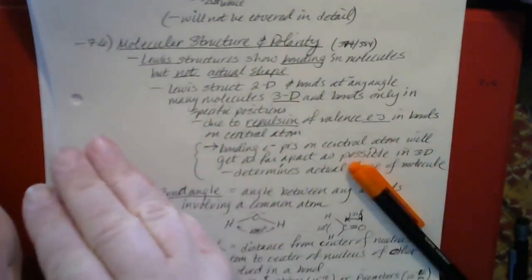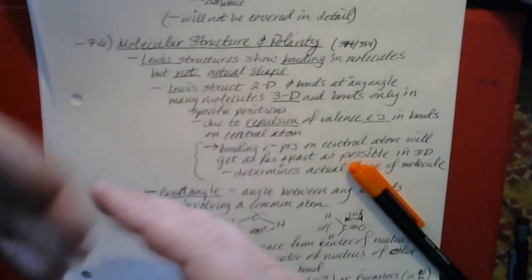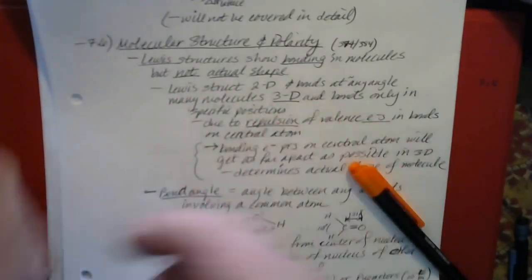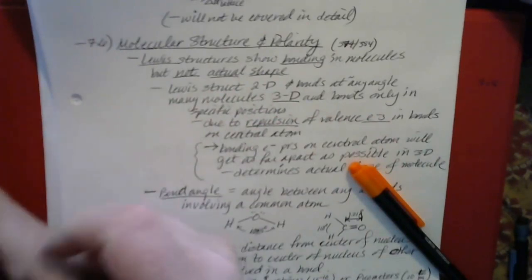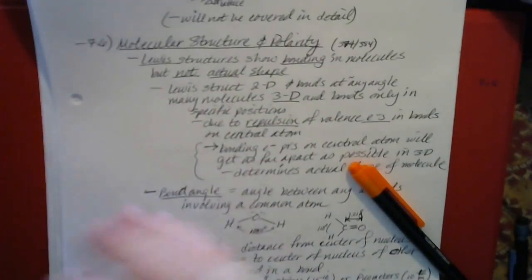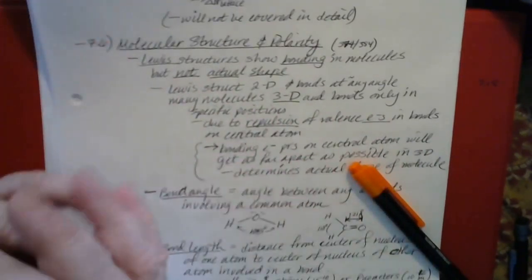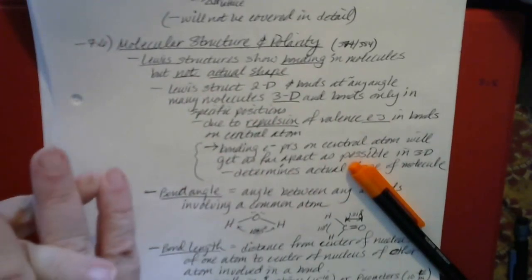When you put the atoms together to form a molecule, the Lewis structure only shows you how one thing is bonded to other things in the molecule. The Lewis structure doesn't actually show you the structure of the molecule. It doesn't actually show you the shape of the molecule, or the molecular geometry is what we usually call it.